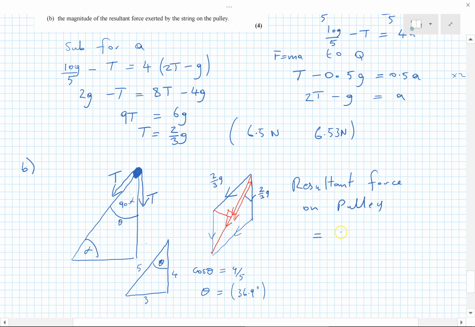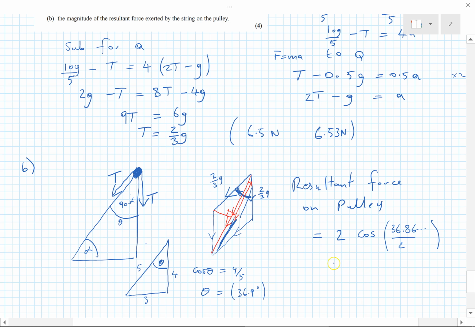will be equal to 2 times, because we've got 2 lots of these, there and there, this angle, which is half of 36.9. So it's 2 times the cos of half of this number, it's not exactly 36.9, it's 36.86, blah blah blah, hopefully a number that you stored on your calculator, divided by 2, because that's the whole of that angle there.